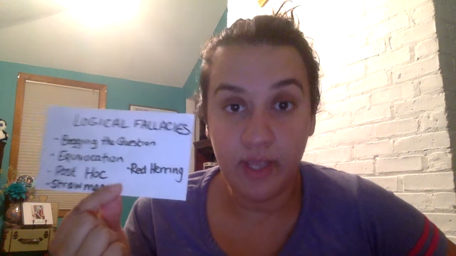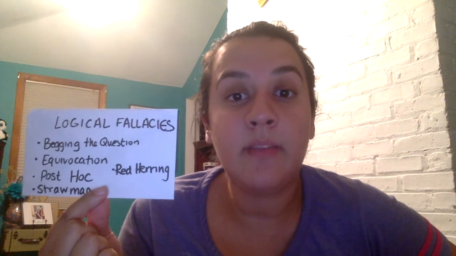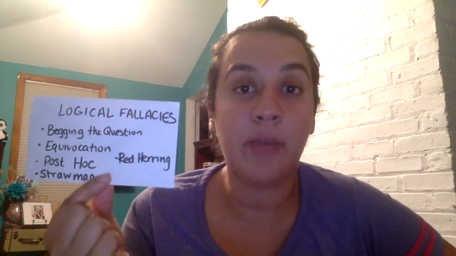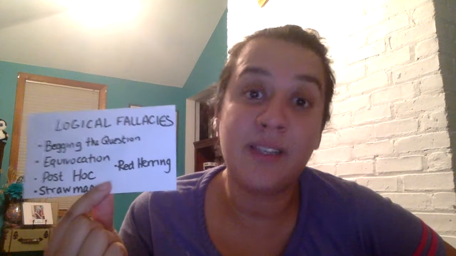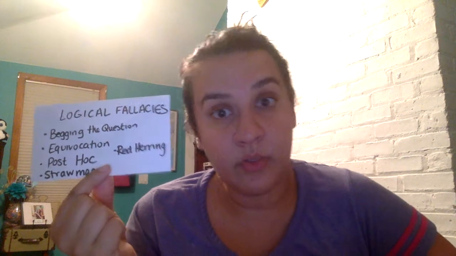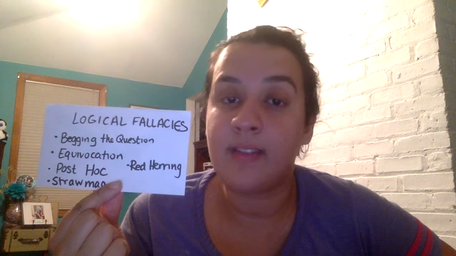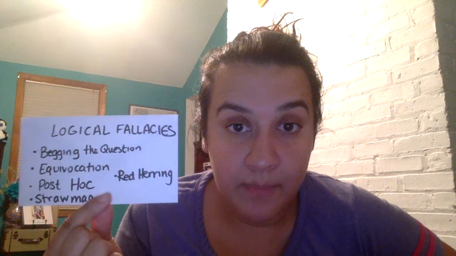Begging the question is the kind of fallacy in which the claim is being supported by repeating the claim over again. So, Jesse is smart because Jesse is smart. Jesse is smart because Jesse is intelligent, right? It's the same exact claim, and that's a logical fallacy because you haven't actually proven the claim.